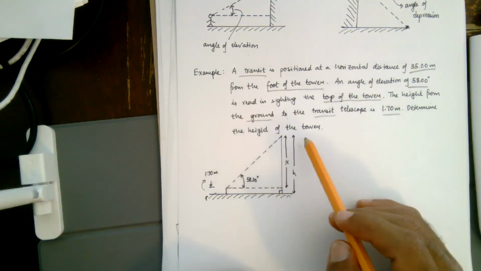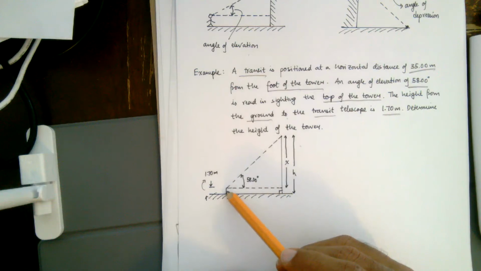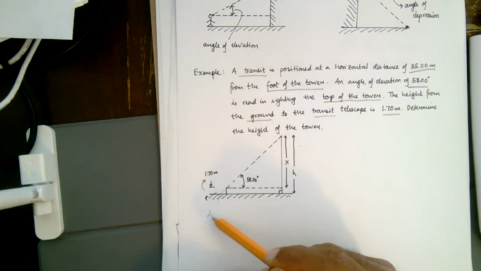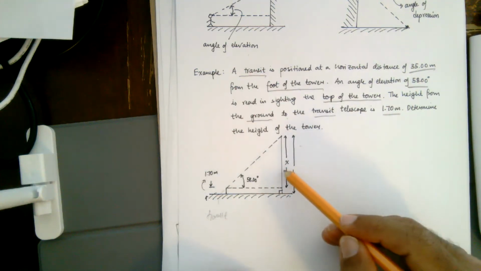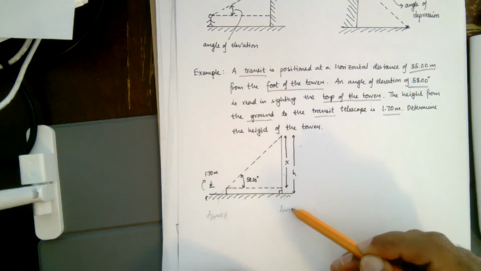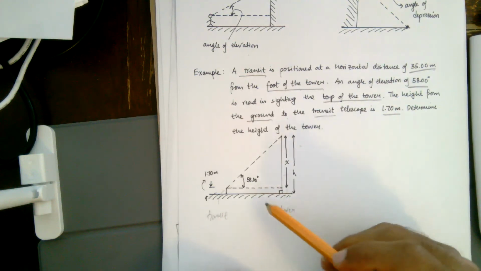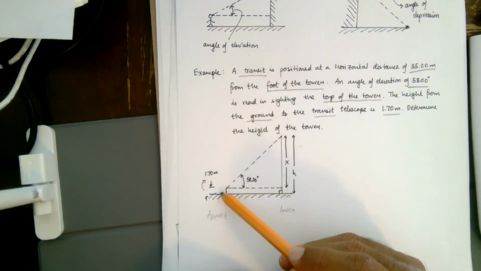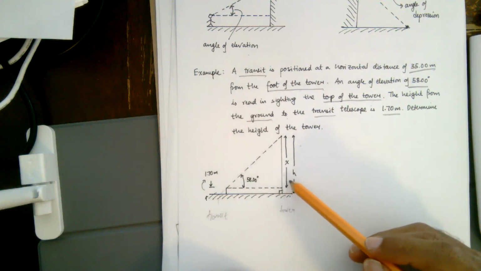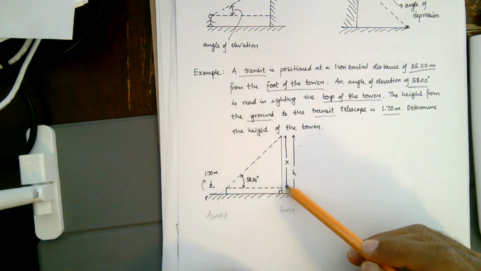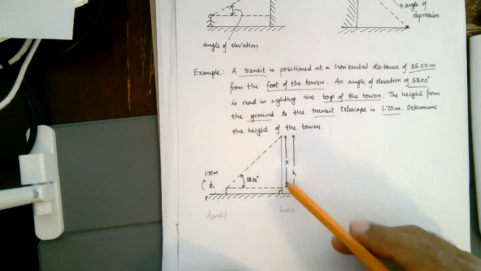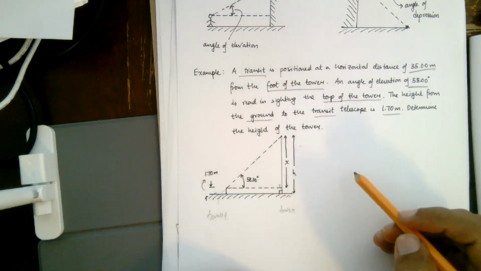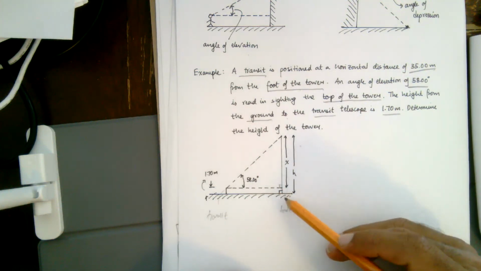Determine the height of the tower. So here you are, this is the transit and this is the tower. The height of the transit is 1.7, and I've labeled two unknowns, an x here because that's a right triangle, and the h which we are trying to find.